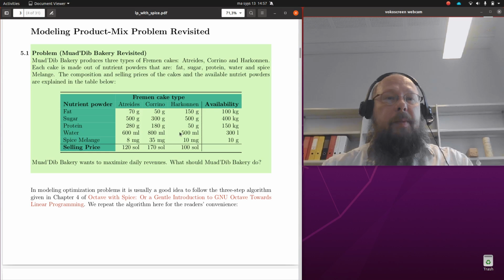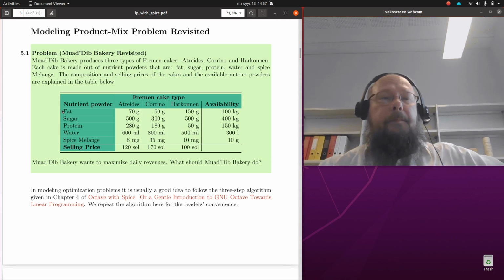So for example, let us look at the fat powder here. We have 100 kilos of fat, and each of these different cakes takes a different amount of it. So if we make, well, x1 is the number of Atreides cakes we bake.